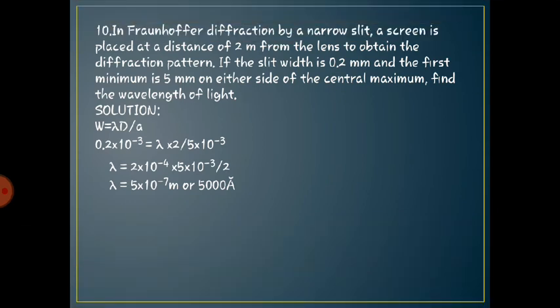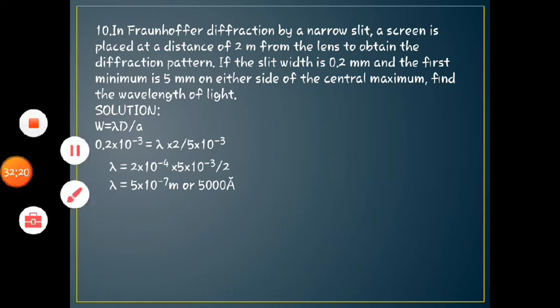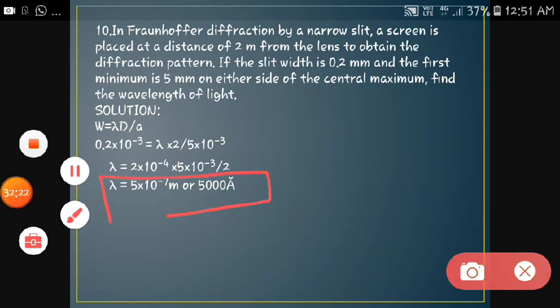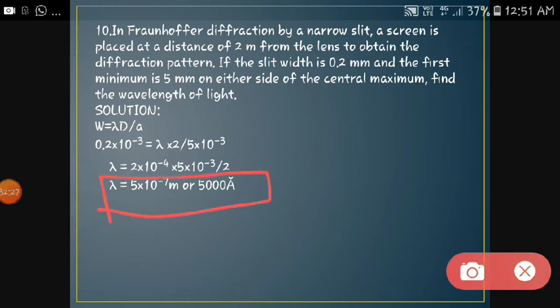Then lambda will be as it is. Capital D is 2 meter. So I have written 2 divided by 5 millimeters, so 5 into 10 to the power minus 3 I have written. By solving this, I am getting the value as lambda is equal to 5 into 10 raised to minus 7 meter, or you can write it as 5000 Angstrom unit. So this is the answer for this wavelength.